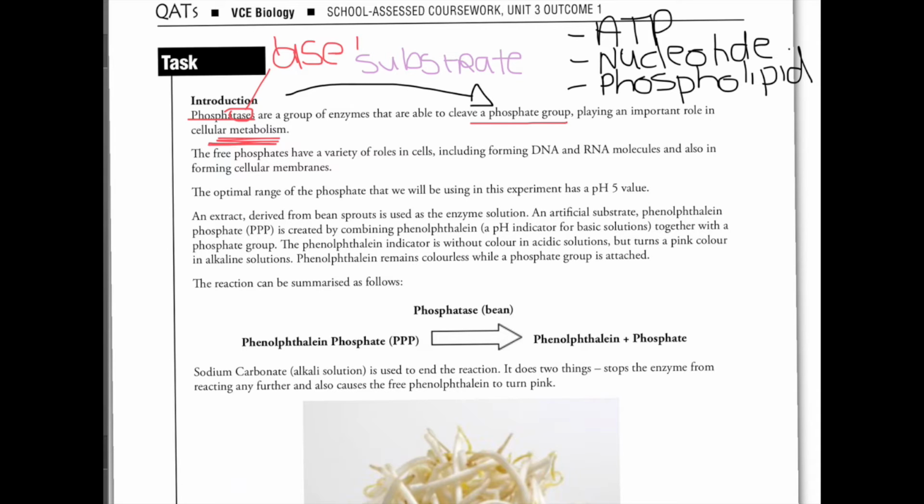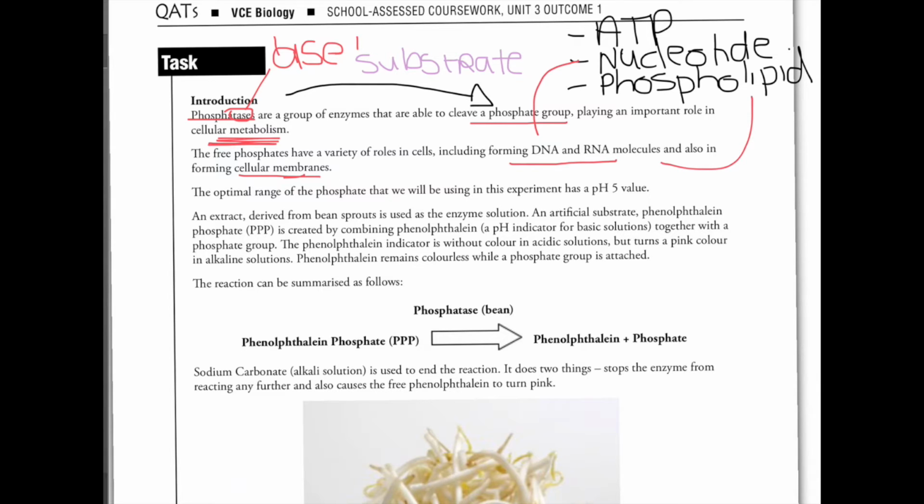We say, oh, I've got a fast metabolism, or no, my metabolism's slowing down as I'm getting older. And all that means is that the rate at which reactions occur in your body is decreasing. That's really interesting. Okay, the free phosphates have a variety of roles in cells, including the formation of DNA and RNA, which is your nucleotides, and also found in cell membranes, which is your phospholipid.